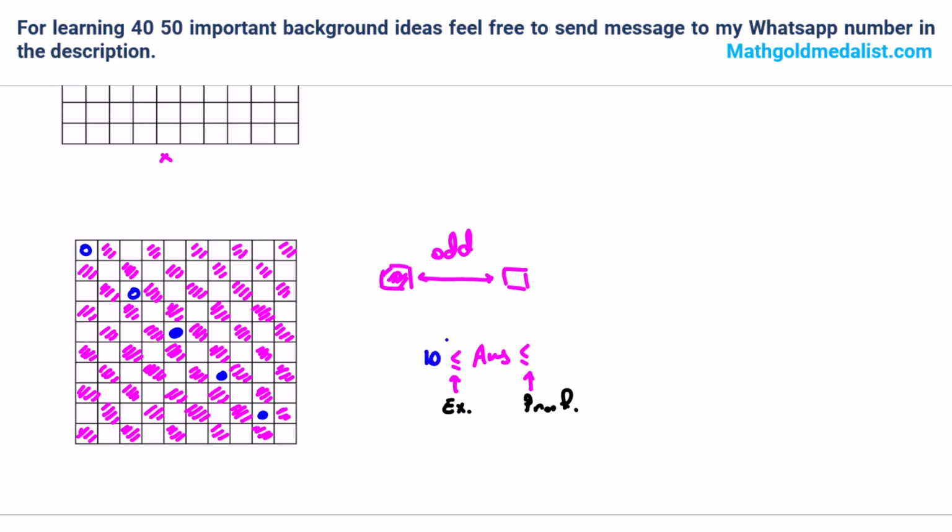Now do you agree we can add more? So let's erase all bad cells. From here to here, the distance can be 2, this one and this one, right? So do you agree we can remove this one?